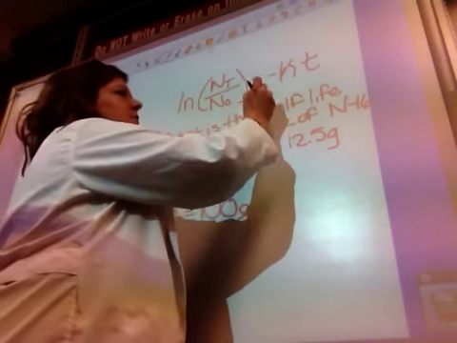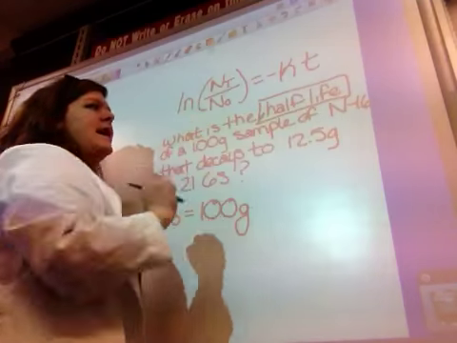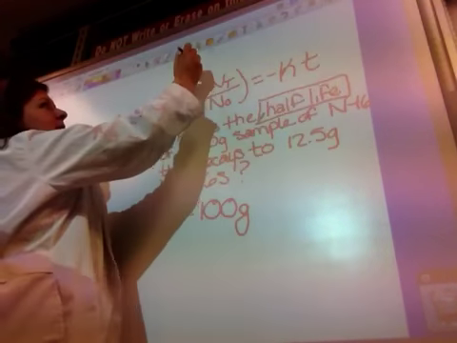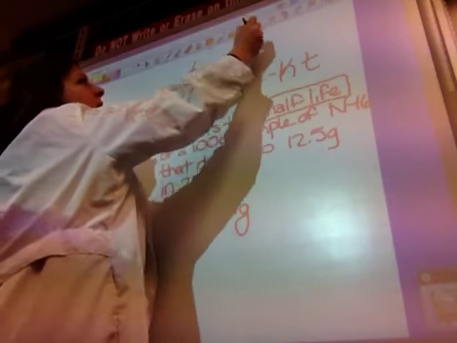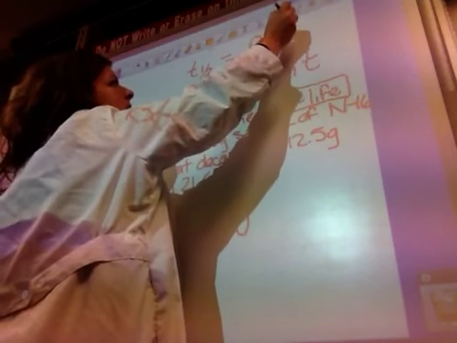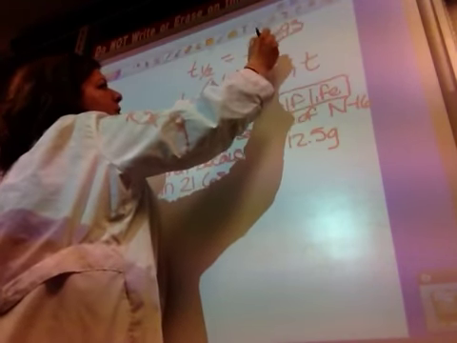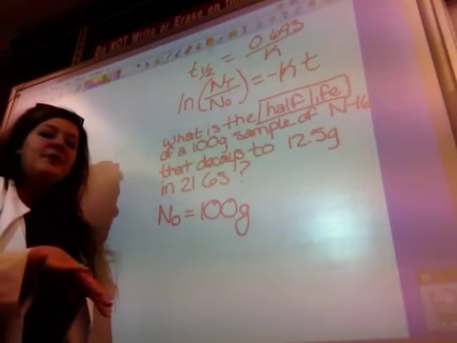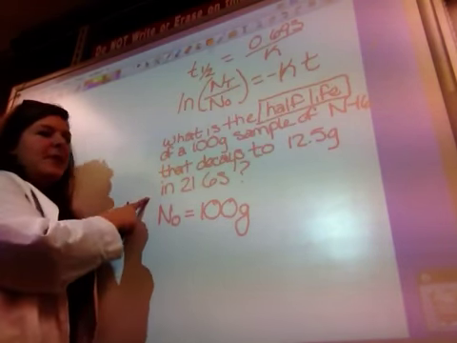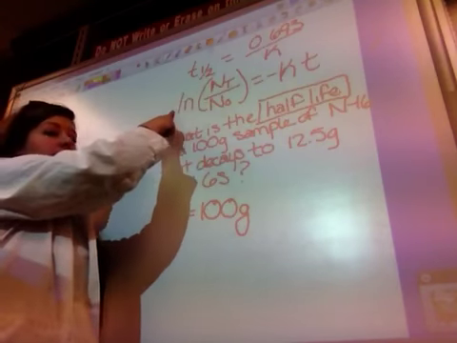We want to figure out half-life. And I know that my half-life formula is T half equals 0.693 over K. So these are the two formulas that I have, and I just want to figure out all the information that we have from this problem first before we figure out what we need to do here.